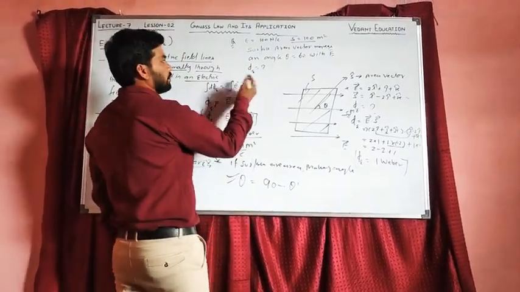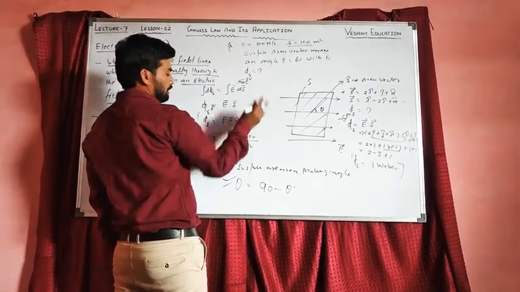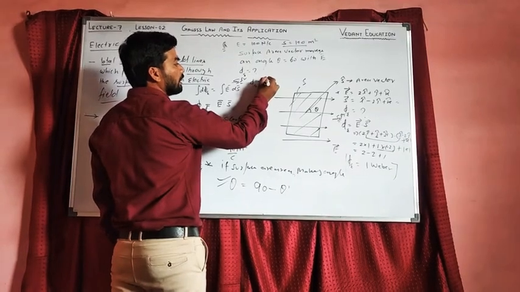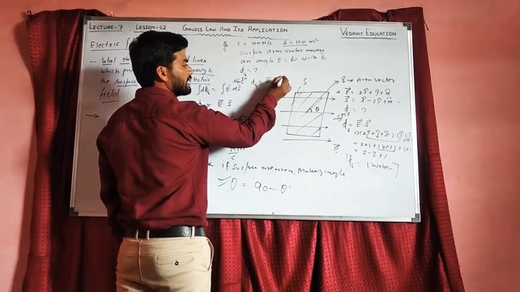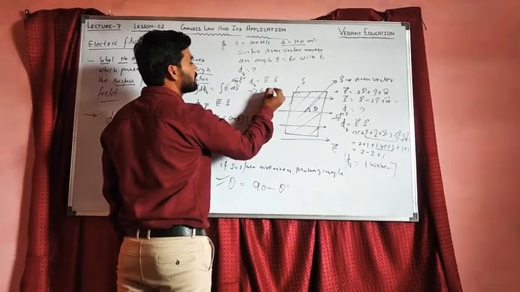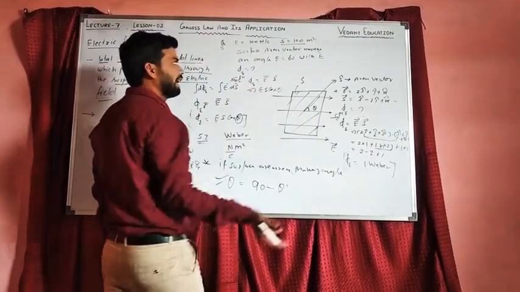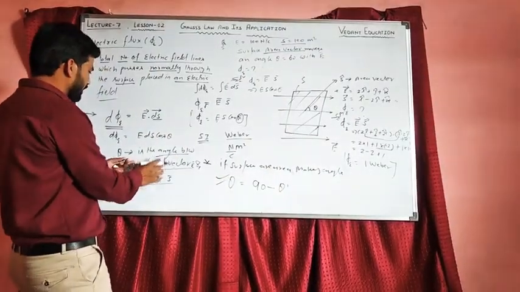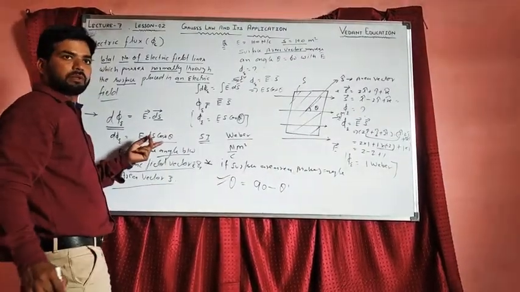Here you have the solution formula phi E equal to E S cos theta. Here the angle is directly given, which the area vector makes, so this formula will be used.